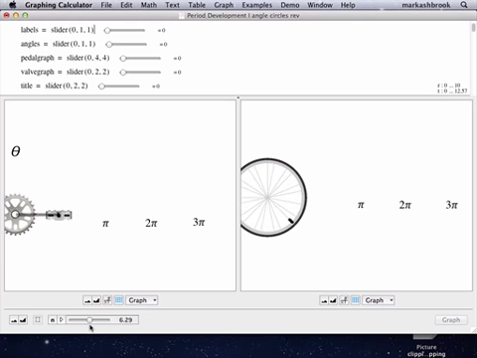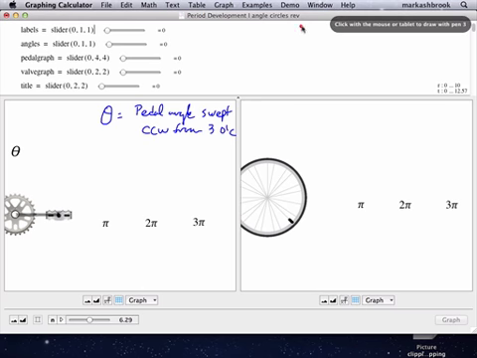So again, if our pedal angle is theta, swept counterclockwise from 3 o'clock, how would we write, in terms of theta, the angle swept by the tire valve?